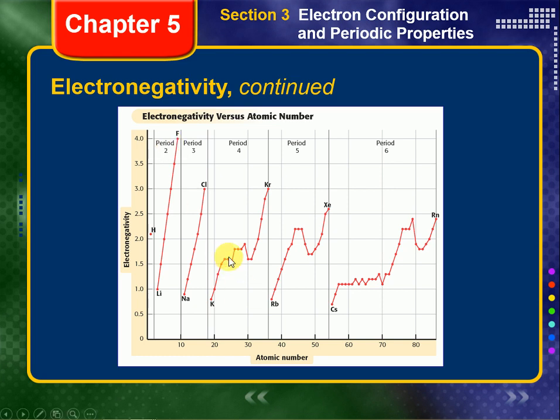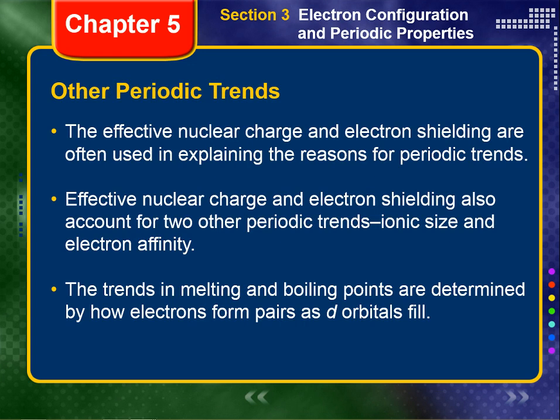Again, every single change between atoms isn't always an increase, right? So you see here we're having actually small drops. But in general, there's a trend to have electronegativity increase as you move to the right across a period.